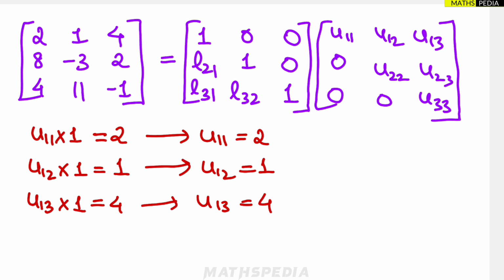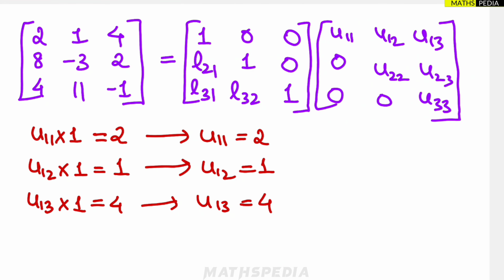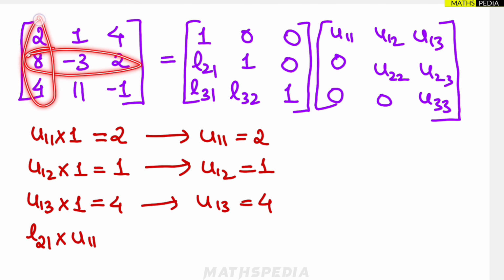Let us go for the next part. Next we are going to take the second row, same method. Second row, first column, second column, third column. L21 into U11 plus 1 into 0, so no need to write that. So we'll avoid this part. Is equal to which element will come? See here, second row, first column.